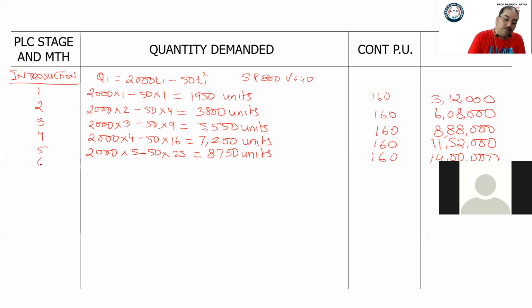Month number 6. 2,000 into 6 minus 50 into 6 square, that is 36. That gives 10,200 units.